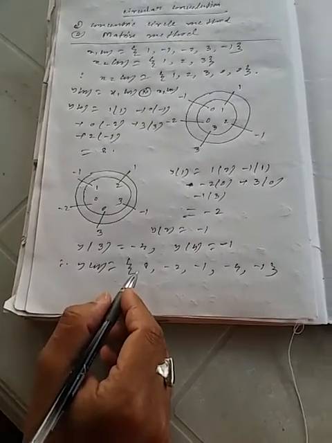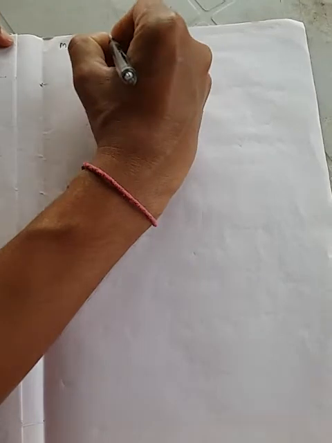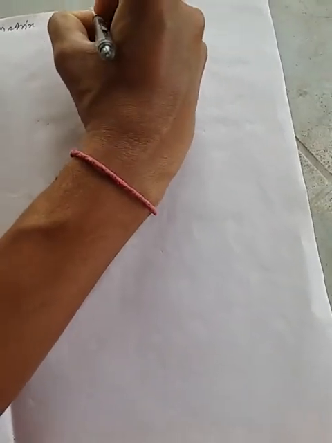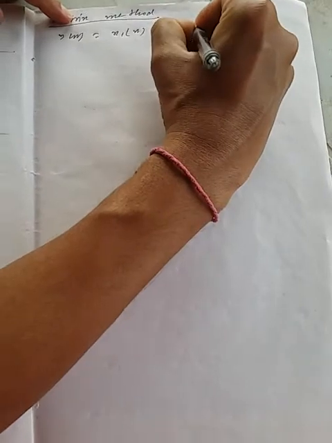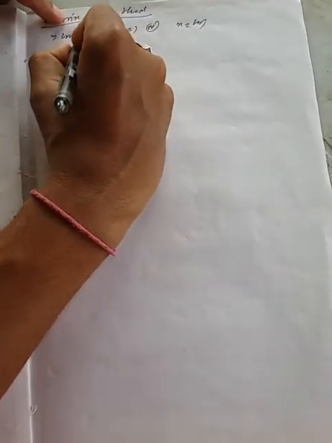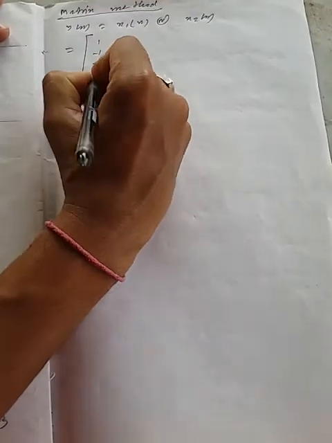Now another method is the matrix method. In the matrix method you just write y[n] equal to x1[n] circular convolution x2[n], and it can be written in matrix form. Suppose x1[n] is 1, -1, -2, 3, -1. It can be written column-wise: 1, -1, -2, 3, -1.